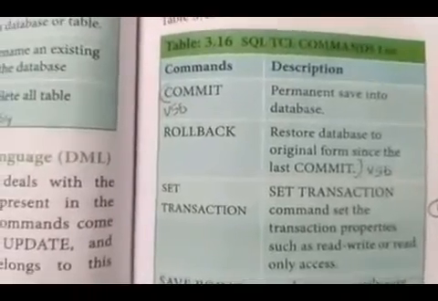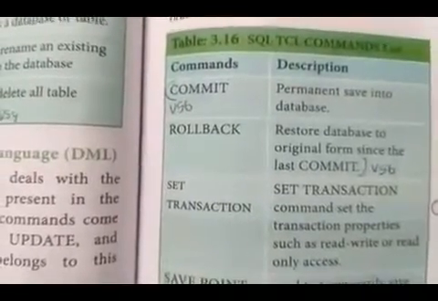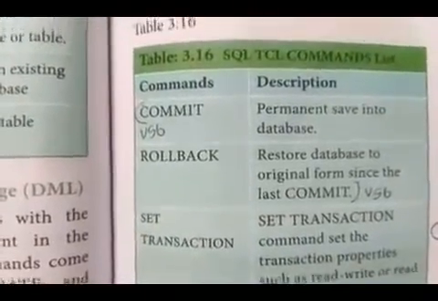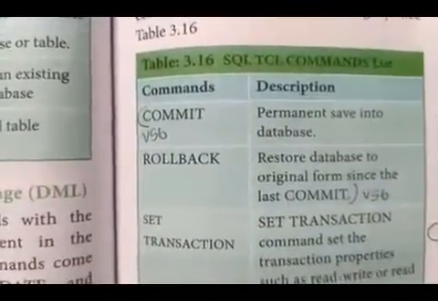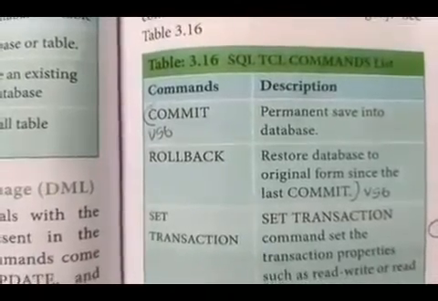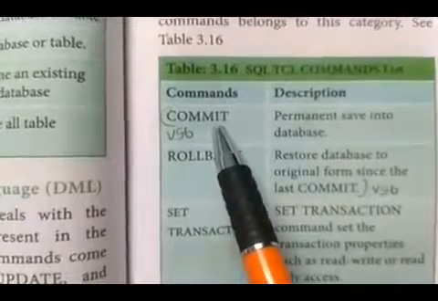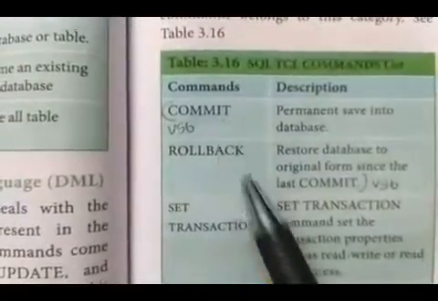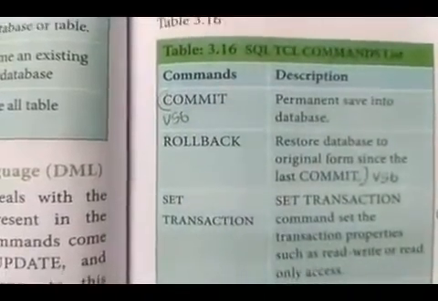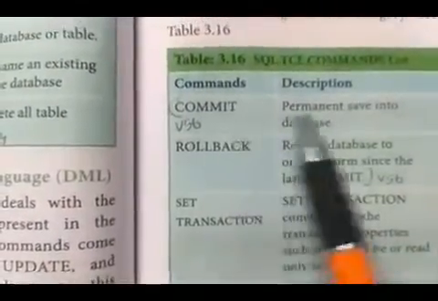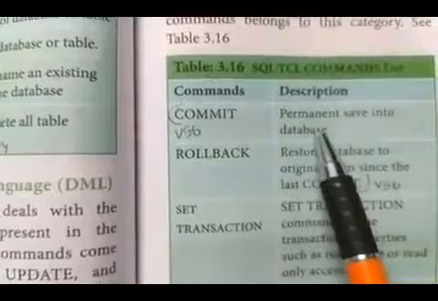Likewise, we open the database, and within the database we create a table by using the create command, and with the insert command we insert 5 records. But only when we use the commit command does the data in the table get saved. Otherwise, the data in the table does not get saved. So here the commit command is used to permanently save into the database.